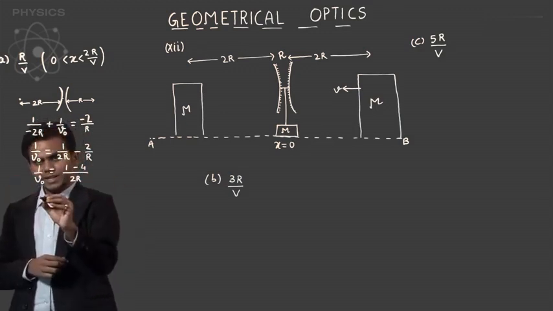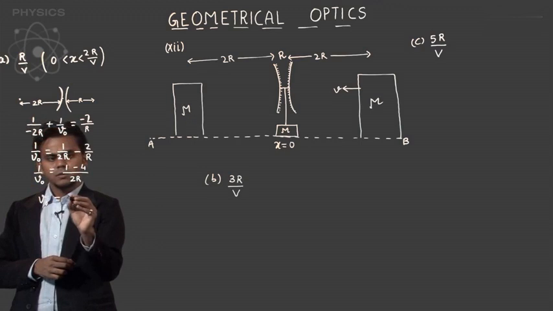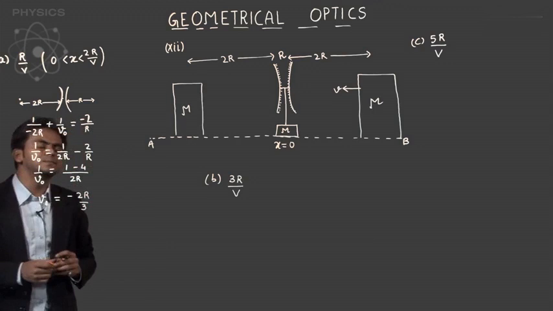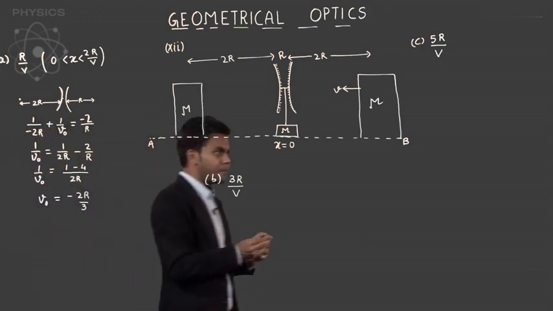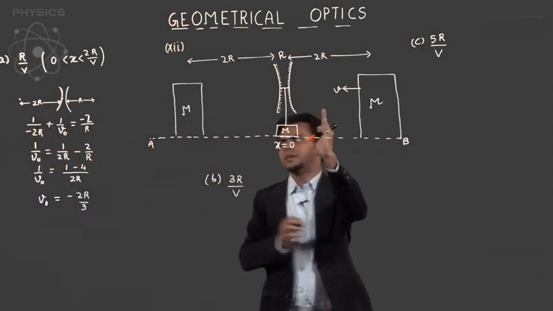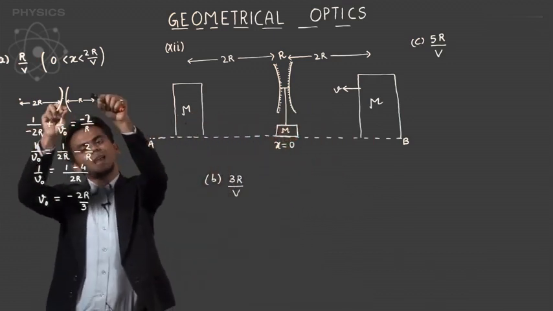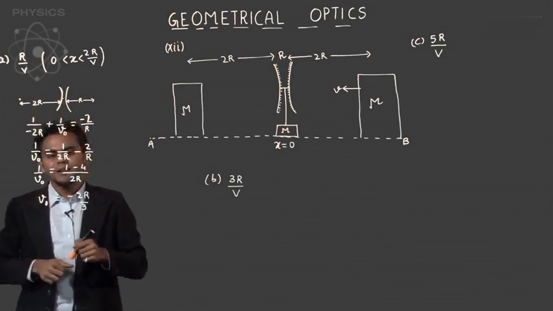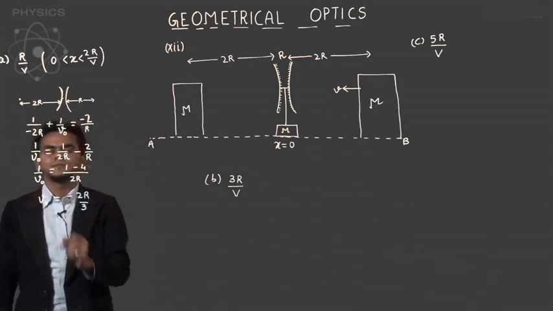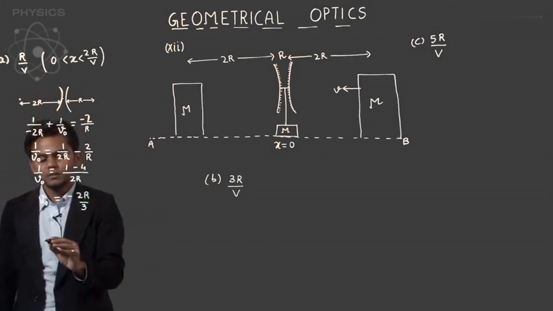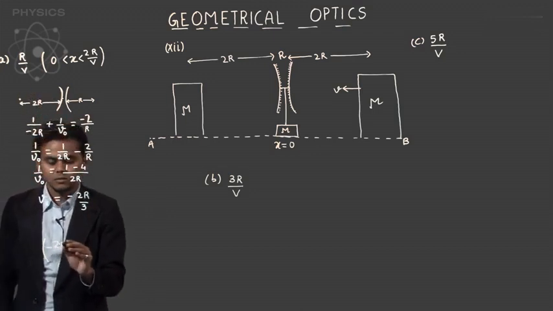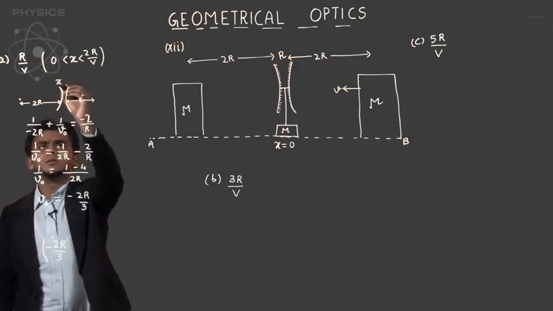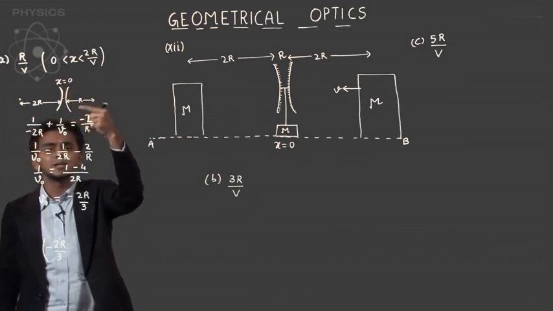Invert it and you'll get v naught as minus 2r by 3, which means the position of the image of this one, when it would be here, is on the object itself, and this one would be here, minus 2r by 3. So I can write the coordinates: the image of this would be at minus 2r by 3 with respect to this point. This is my x equal to 0, because my mirror has still not started moving.